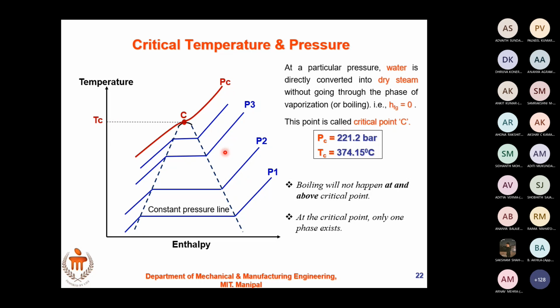But then the very quick generation of steam is there. My steam generation is not stopped in any case, and I'm getting a continuous supply of steam. My steam turbines will not stop at any moment, and we ensure that the power generation is relentlessly happening as far as the boiler is fired.